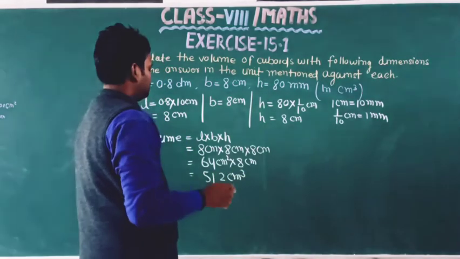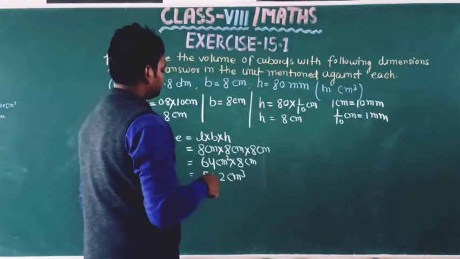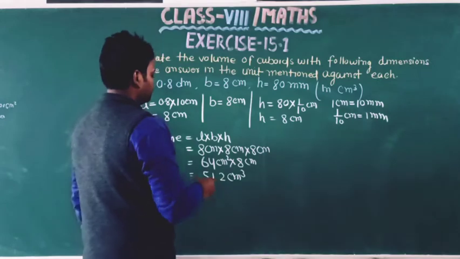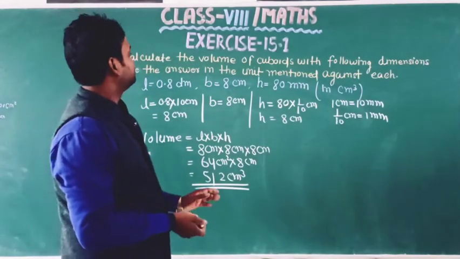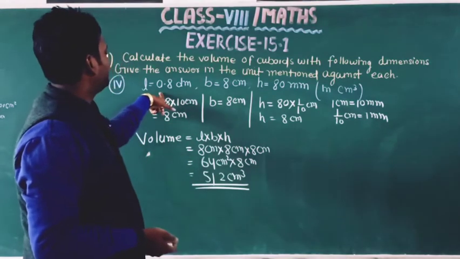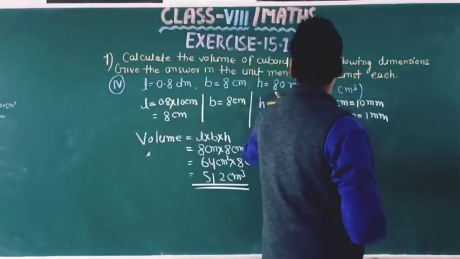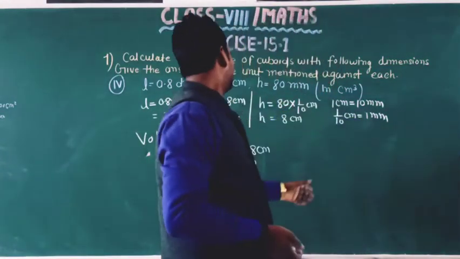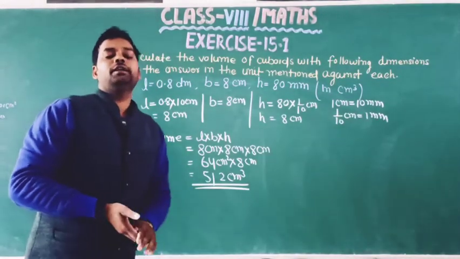So the volume of the cuboid whose length is 0.8 decimeter, breadth is 8 centimeter, and height is 80 millimeter is 512 centimeter cube.